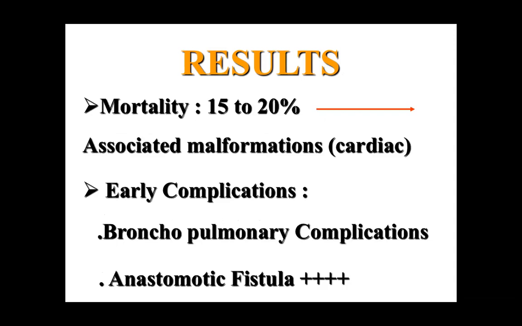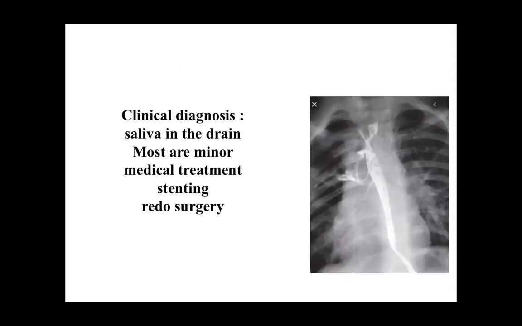For the results, the mortality ranges from 15 to 20% of cases, and this depends mainly on the existence or not of cardiac malformation. We can see early complications like bronchopulmonary complications or anastomotic fistula. Anastomotic fistula is diagnosed clinically, especially by the presence of saliva on the tube or the presence of mediastinitis.